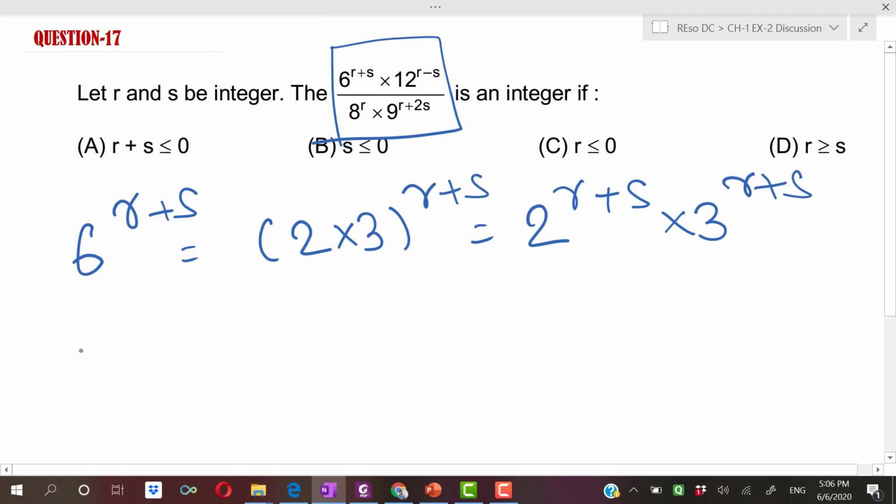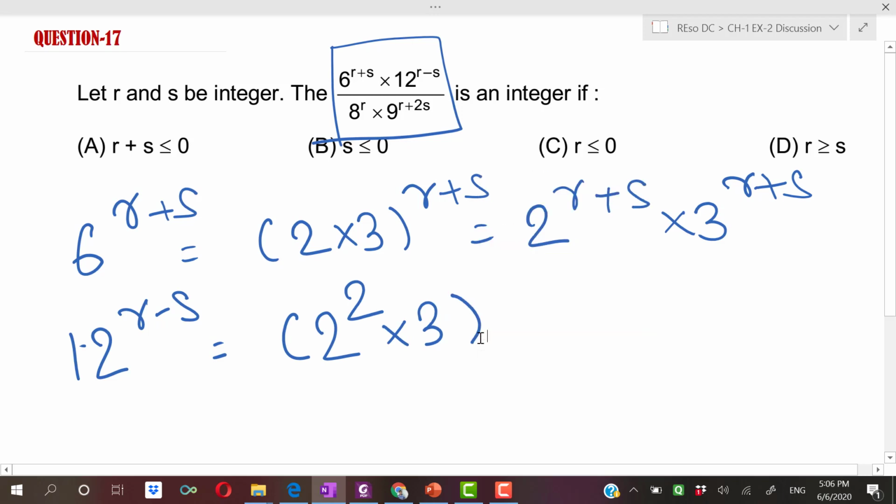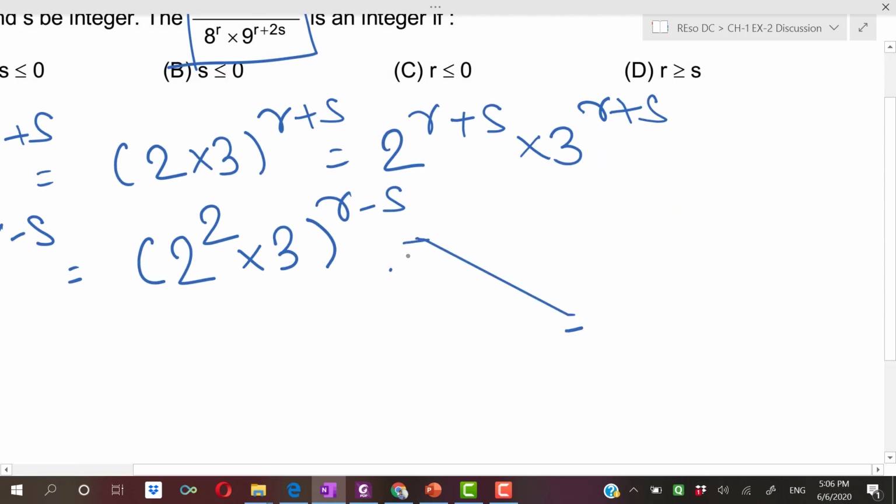Similarly, 12 raised to the power r minus s can be written as 2 raised to the power 2 into 3 raised to the power r minus s, which is equal to 2 raised to the power 2r minus 2s multiplied by 3 raised to the power r minus s.